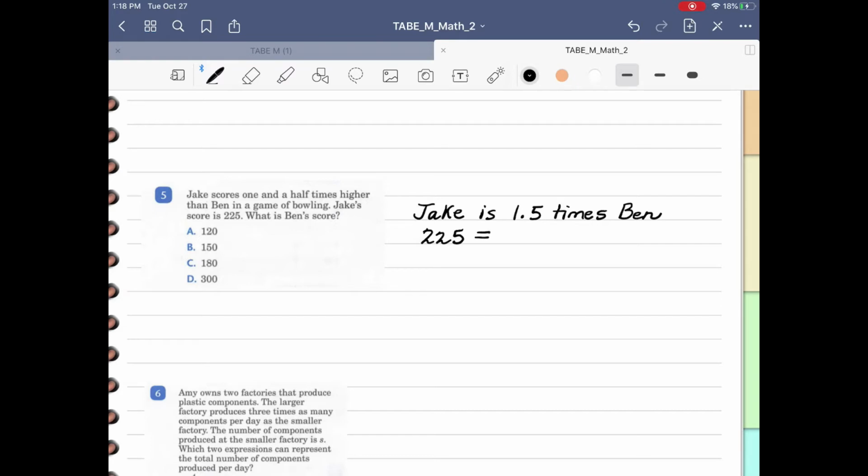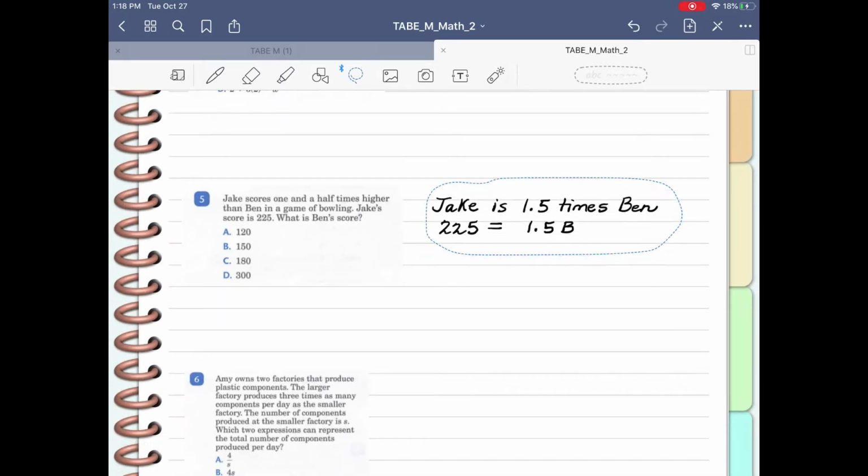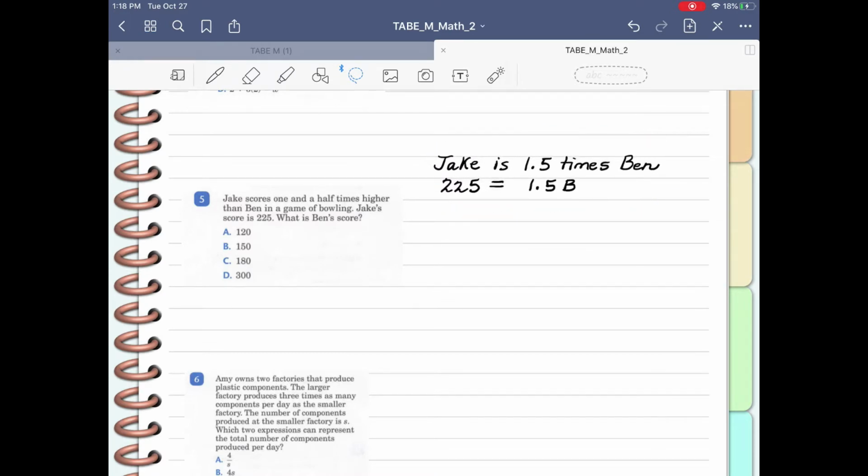We know that the equal sign goes with is. We don't know Ben, so I'm going to use a B to stand for Ben. And then we do need to solve this equation. The variable is on the opposite side of the 225. So we need to figure out what this is actually going to be. You know how to do that.